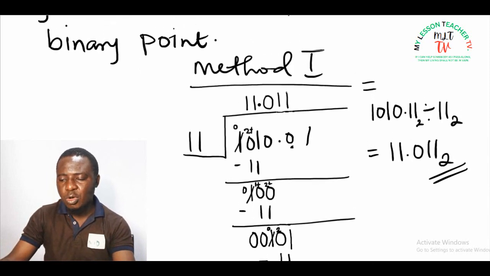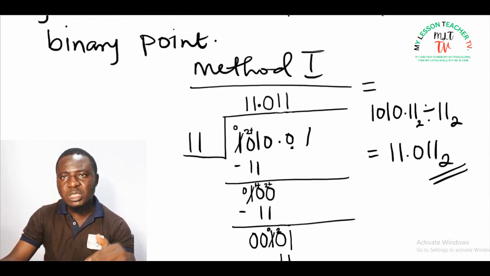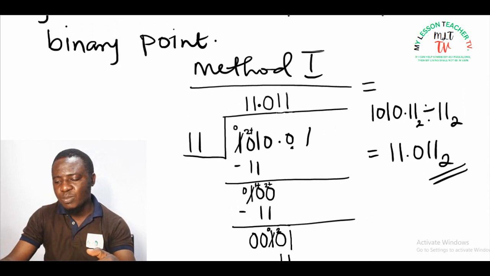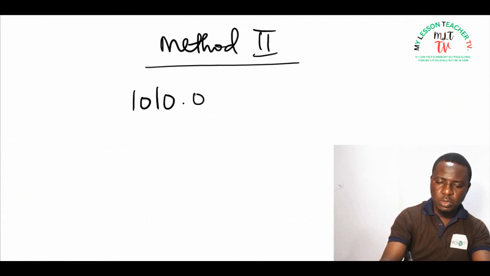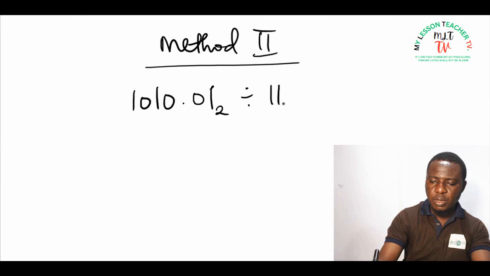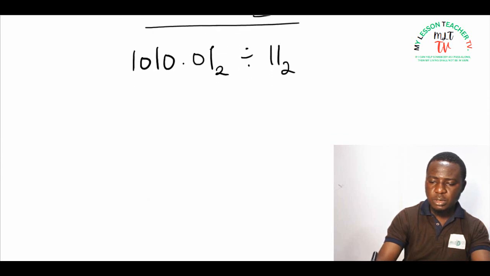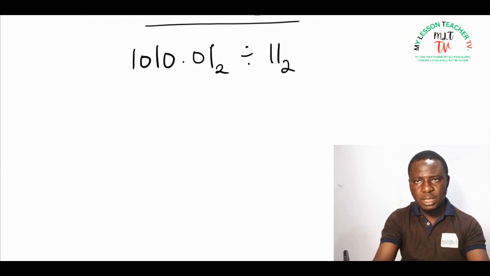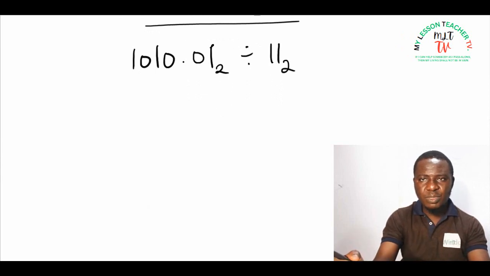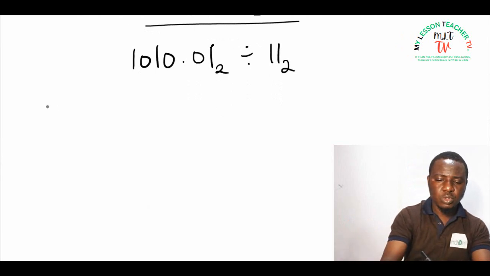Now, let's go to the second method to see if our answer will correspond with the first method. 1010.01 base 2 divided by 11 in base 2. Method 2 says convert each of them to base 10 and then divide in base 10 before you convert your answer back to base 2.